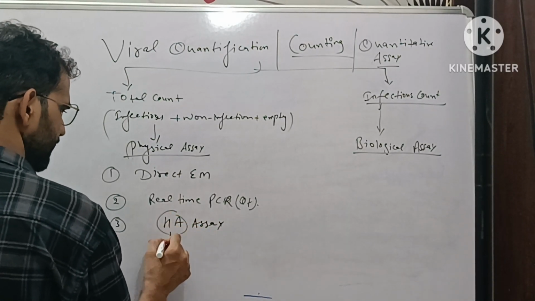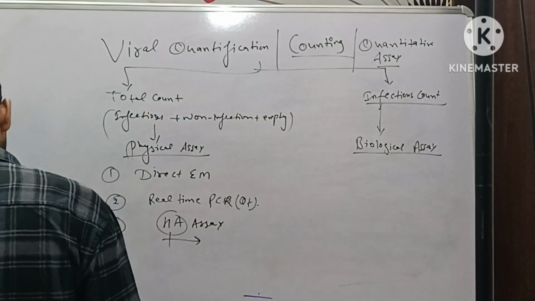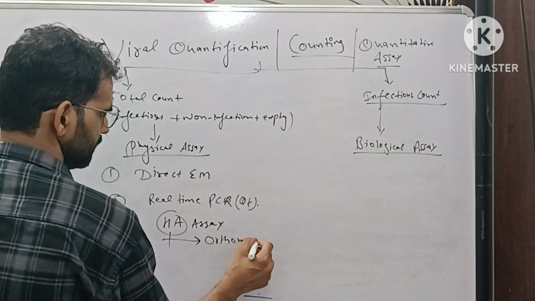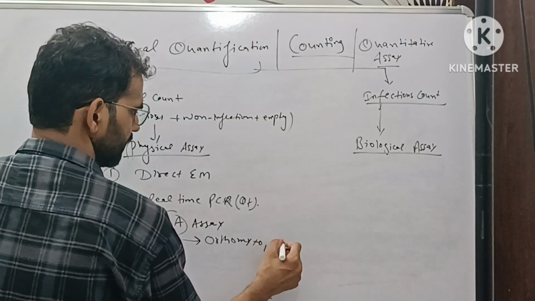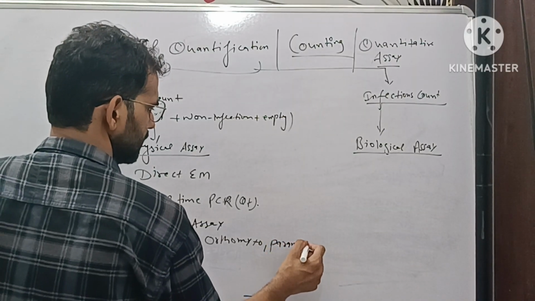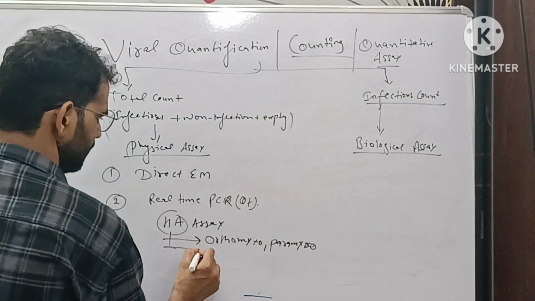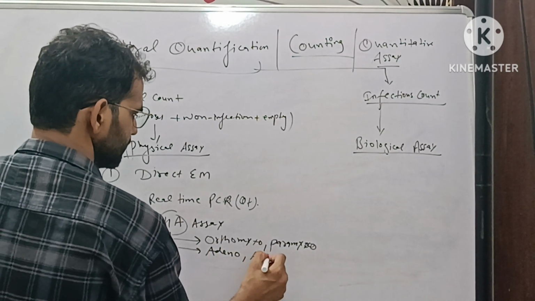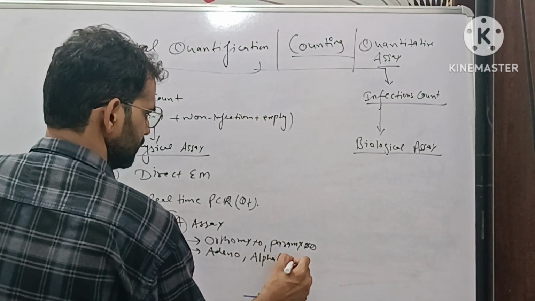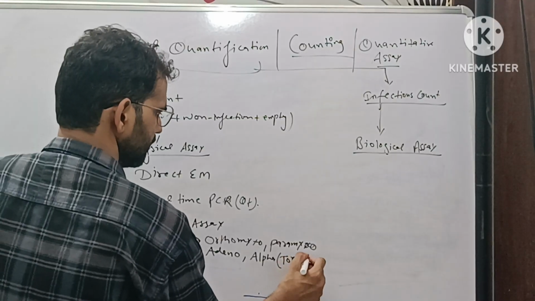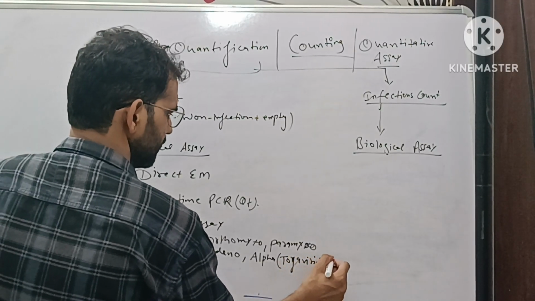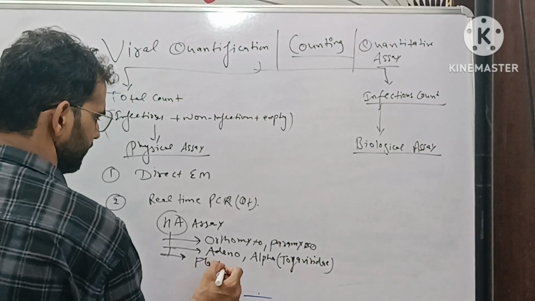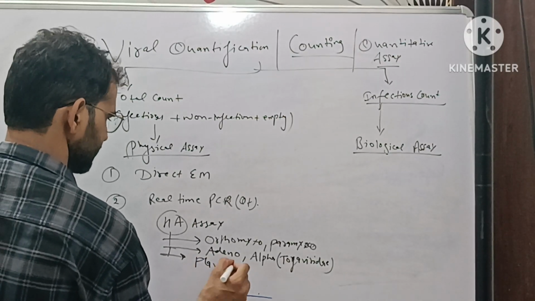So what are the viruses which cause hemagglutination? Orthomyxo, then paramyxo, then adeno, alphaviruses. Alpha belongs to Togaviridae, and there are flaviviruses. Flavi means yellow fever viruses.